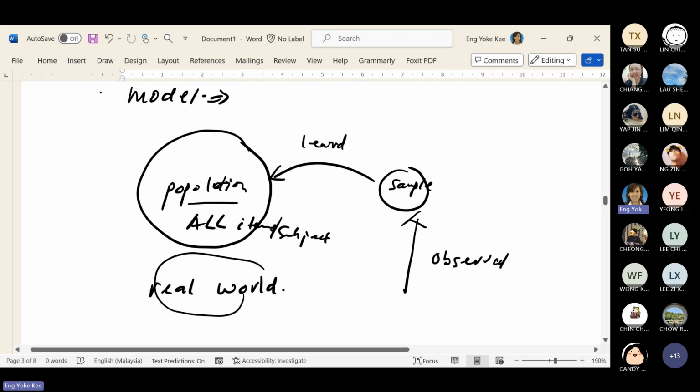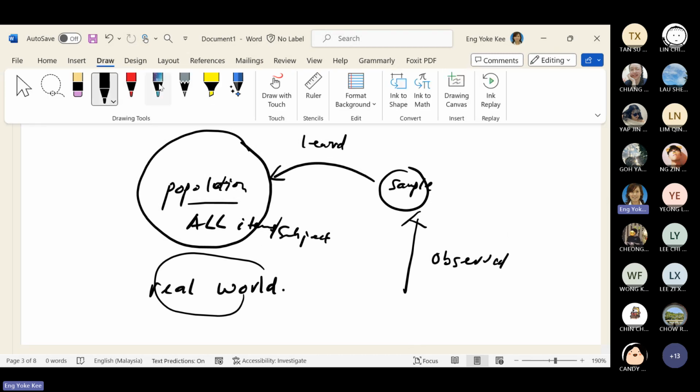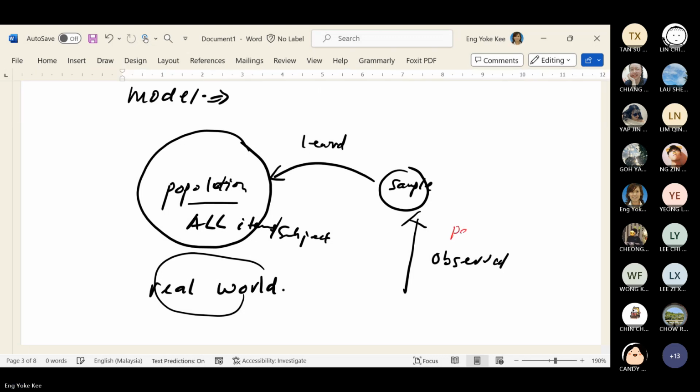Looking at the statistical jargon, we observe, and what do we do? We do descriptive statistics. We want to learn about the real world, so we infer, right? Infer means learn about, making inferential statistics. So here, what do you do? You do sampling.